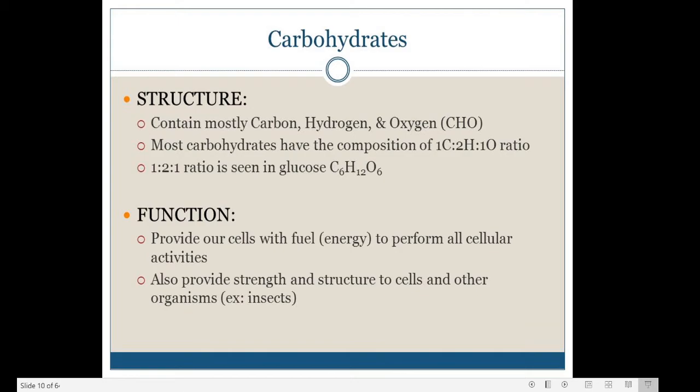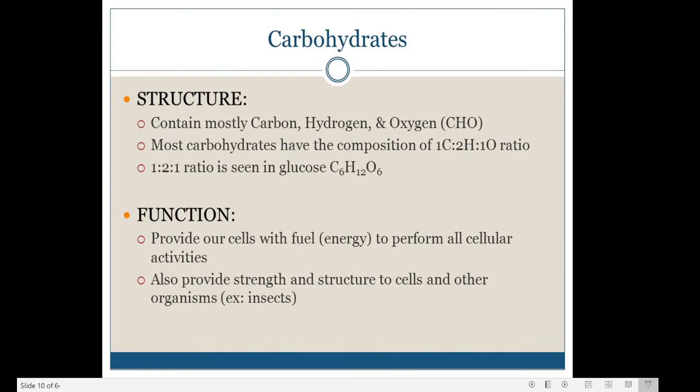These primary molecules include carbohydrates, lipids, vitamins, nucleic acids, amino acids, and proteins. Okay, these are the primary molecules. Each primary molecule has a specific structure and specific functions.